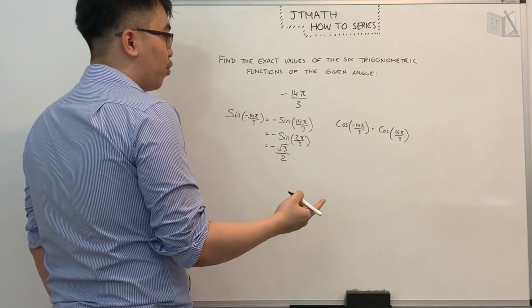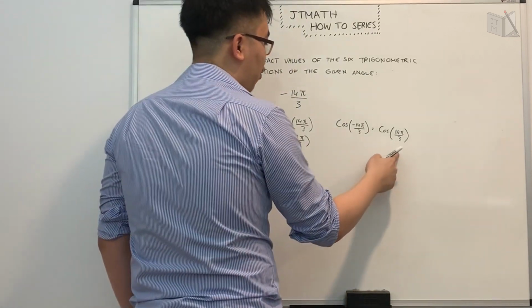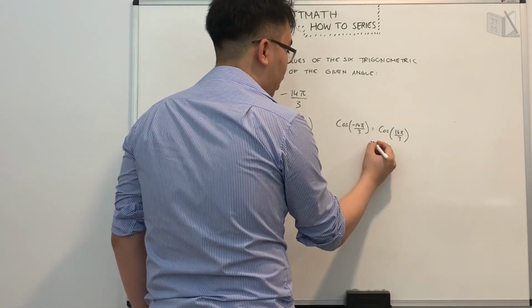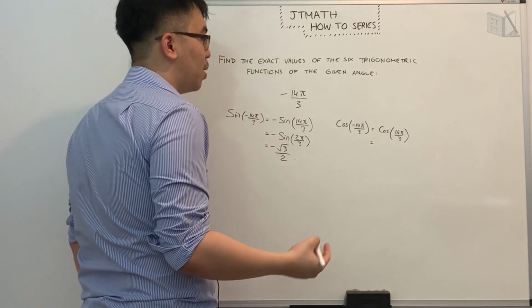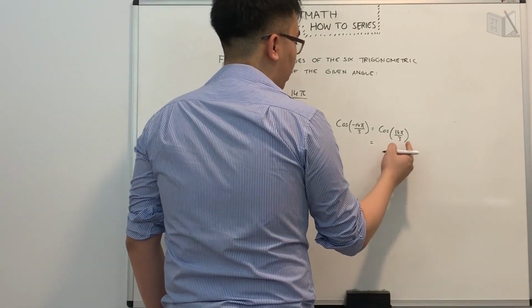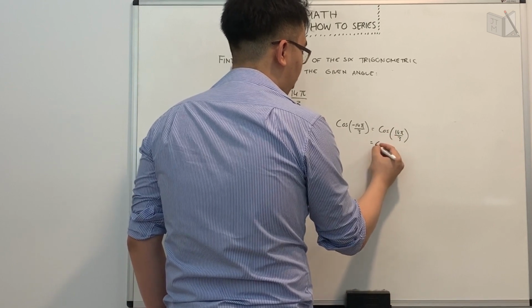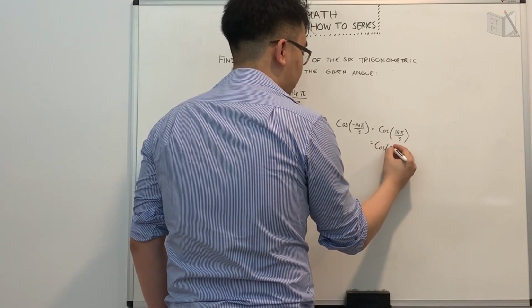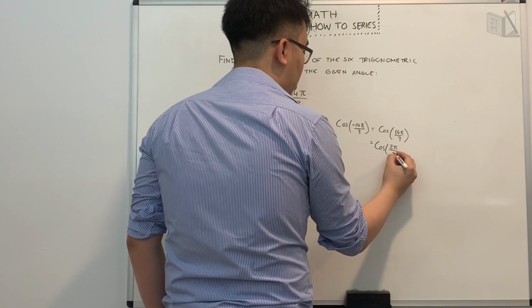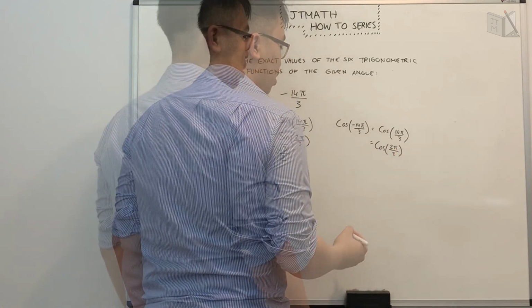And once again, we can reduce the 14 pi over 3 down because the least period of the cosine function is 2 pi radians. So we remove the biggest multiple of 2 pi radians from this, and we're left with cosine of positive 2 pi over 3.